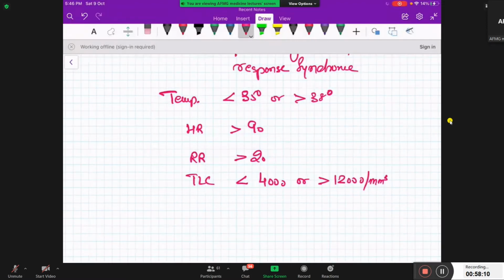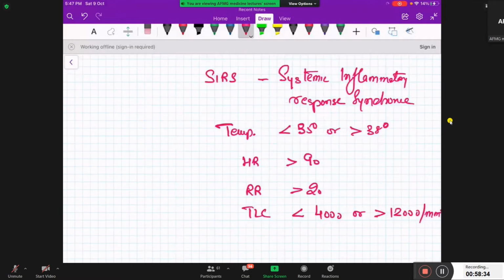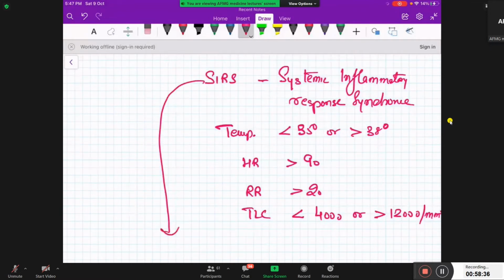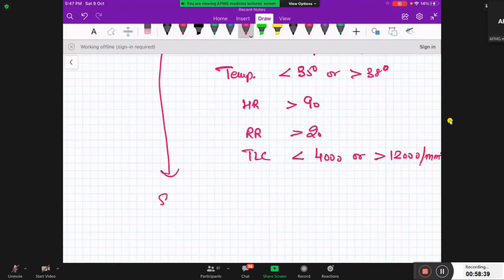So by opening the wound, by letting the pus come out and giving a systemic antibiotic, we are trying to make sure the patient does not progress from SIRS to a further stage, right? But if we delay the patient's management, the patient of SIRS can progress to sepsis. What is sepsis?